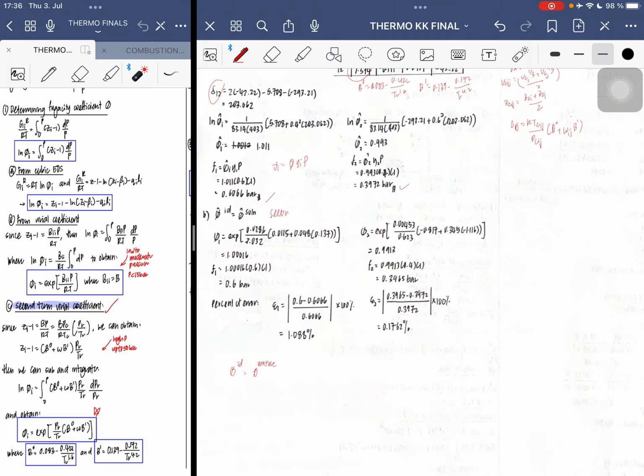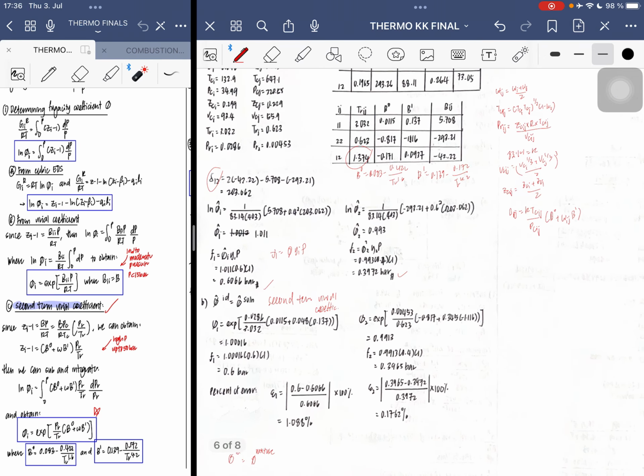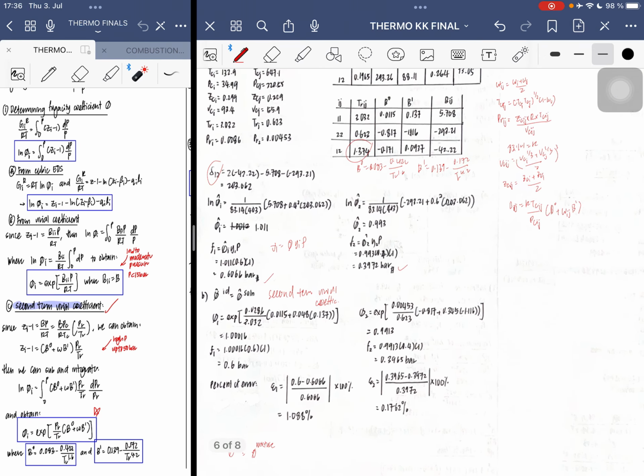And then the percentage of error is just this one minus, so basically your ideal solution, fugacity for ideal solution, minus fugacity of mixture over fugacity of mixture from this one. This is fugacity for the mixture. Yeah, very straightforward.